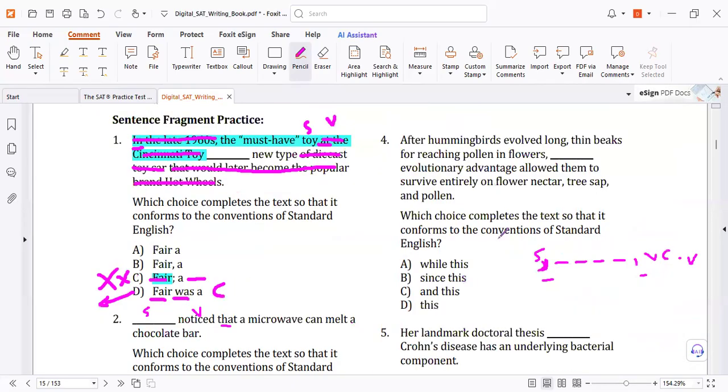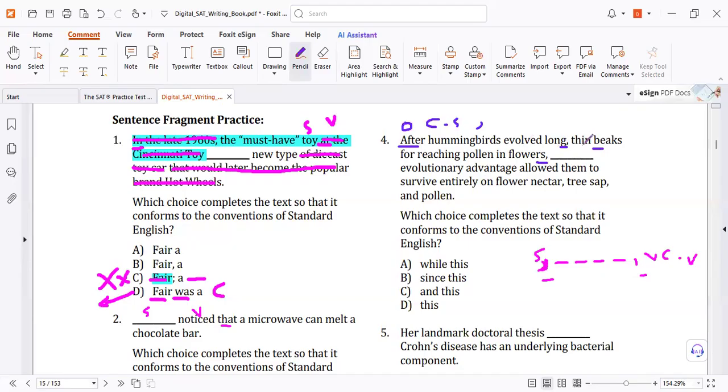Let's read. We follow the rules. After hummingbirds evolved long, subordinating conjunction. And then we have a reduced clause, comma, thin beaks for reaching pollen. Look, we have two commas.